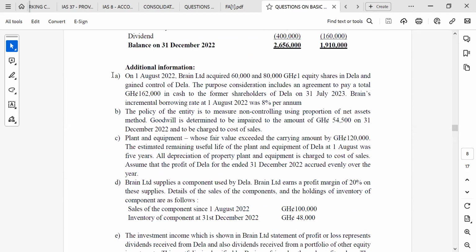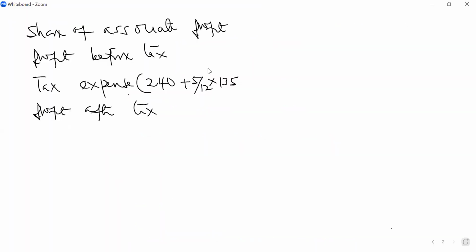But let's take the footnote A in full. On 1st August 2022. Sorry, I'm coming. Okay.